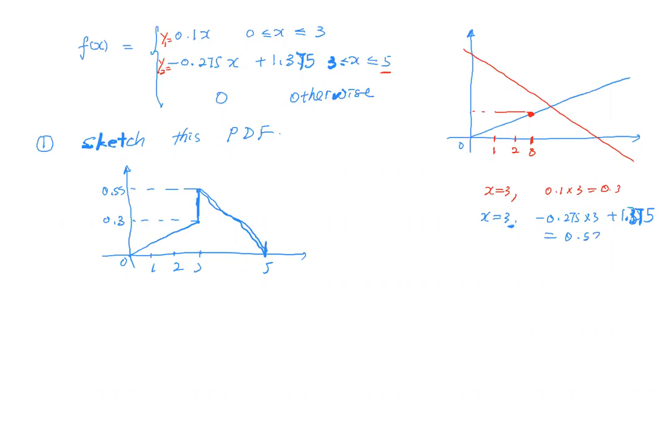So now if I want to find the mean or the median, then I have to study more. If I want to find the mean, what should I do? I have to break into 2 pieces, integrate twice.